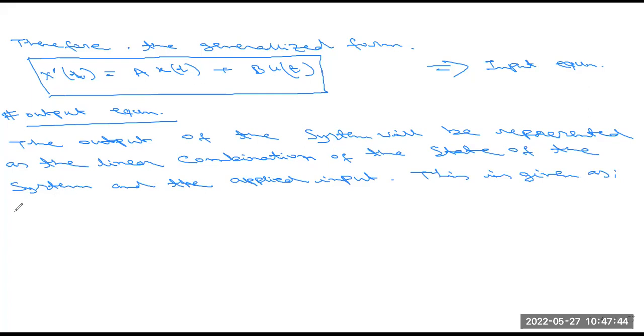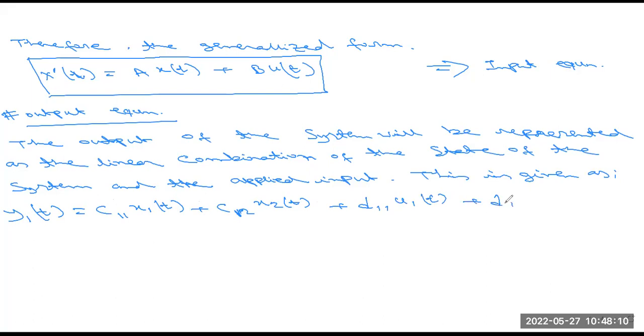Okay, so now we have to prepare the output equations in differential form. That is y1(t) equals c11 x1(t) plus c12 x2(t), plus d11 u1(t) plus d12 u2(t).